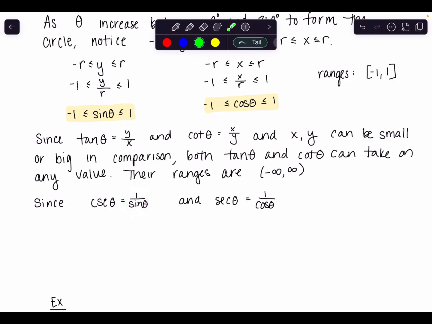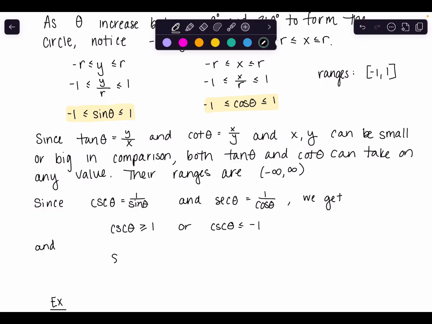And likewise, the same thing for the cosecant function. If you have a negative number, sine could be -0.5. 1 divided by -0.5 is -2. And then if sine is like -0.00001, 1 divided by that is a ridiculously large number. So essentially you're going to get the opposite of this. So it's going to form the entire real number line. So what we get is that cosecant of theta is going to be at least 1, or it's going to be at most -1.